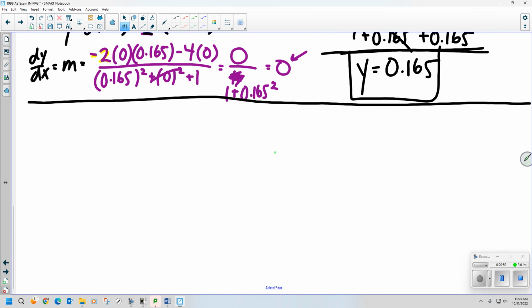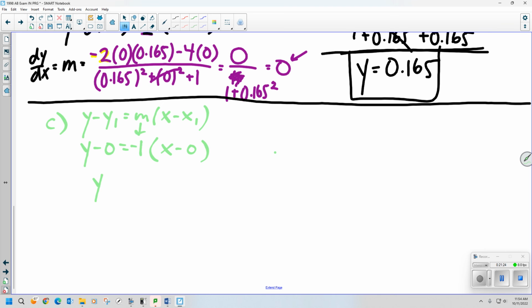So I have to find the line that goes through that point. Let's first find the equation of a line: y minus y1 equals m times x minus x1. It was through the origin, which means my y1 is 0 and my x1 is 0, and it had a slope of -1.